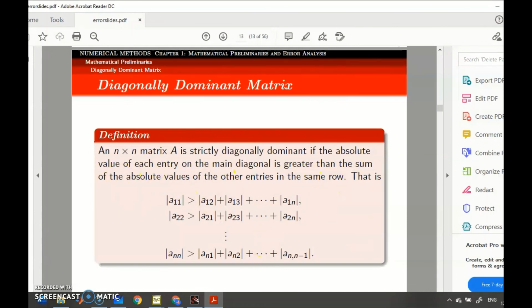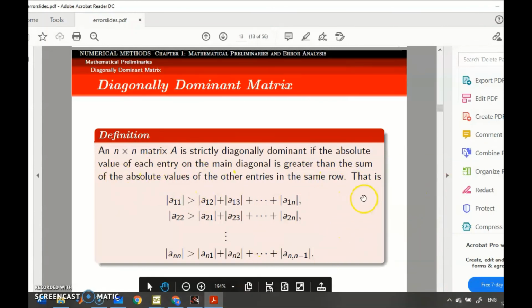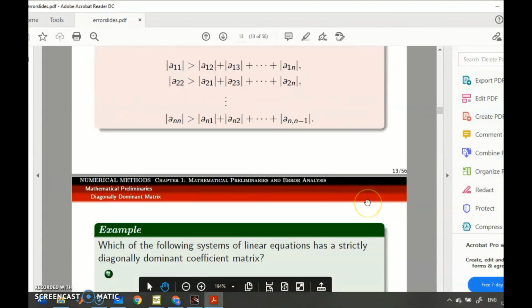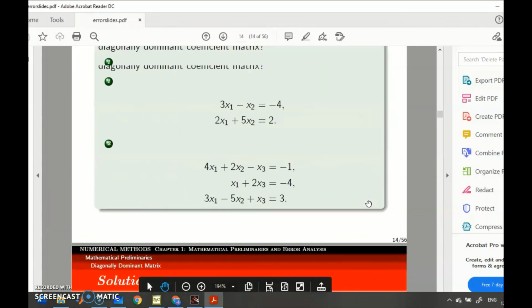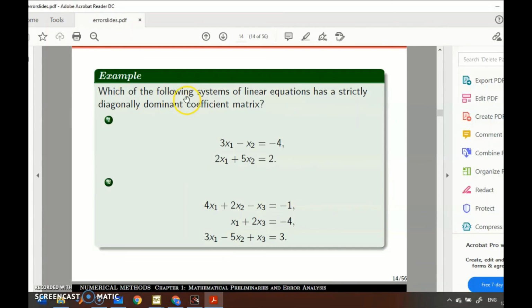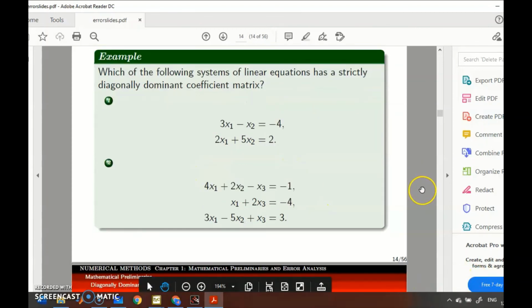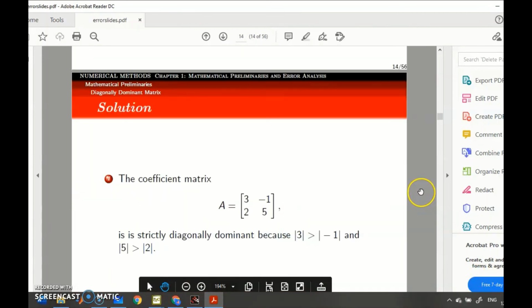Okay, it must be the absolute value of the entry. So for example, this question here: which of the following systems of linear equations has a strictly diagonally dominant coefficient matrix? So look at the solution here. It's not that complicated, okay?